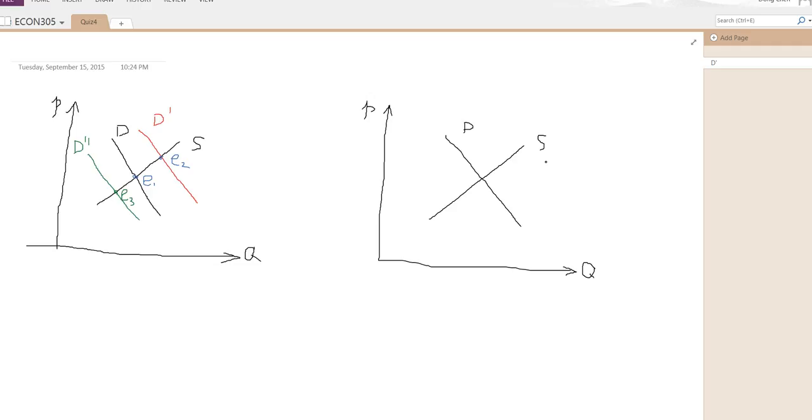Because we have more products on the market, we should expect the quantity to increase. So a positive supply shock will drive down the price and at the same time drive up the quantity.